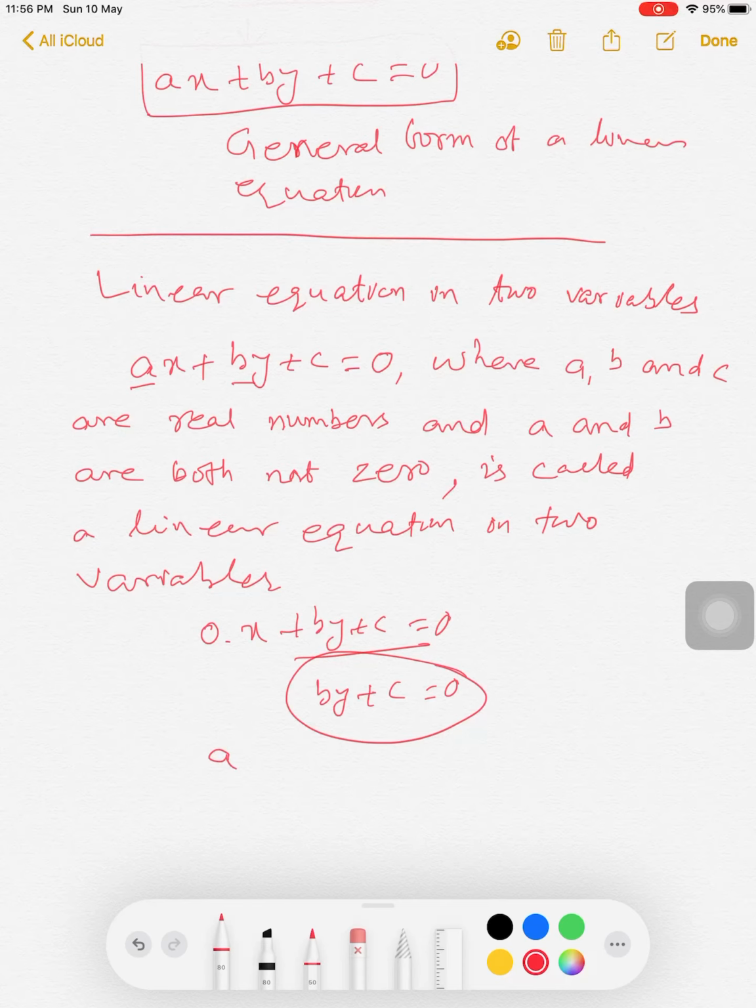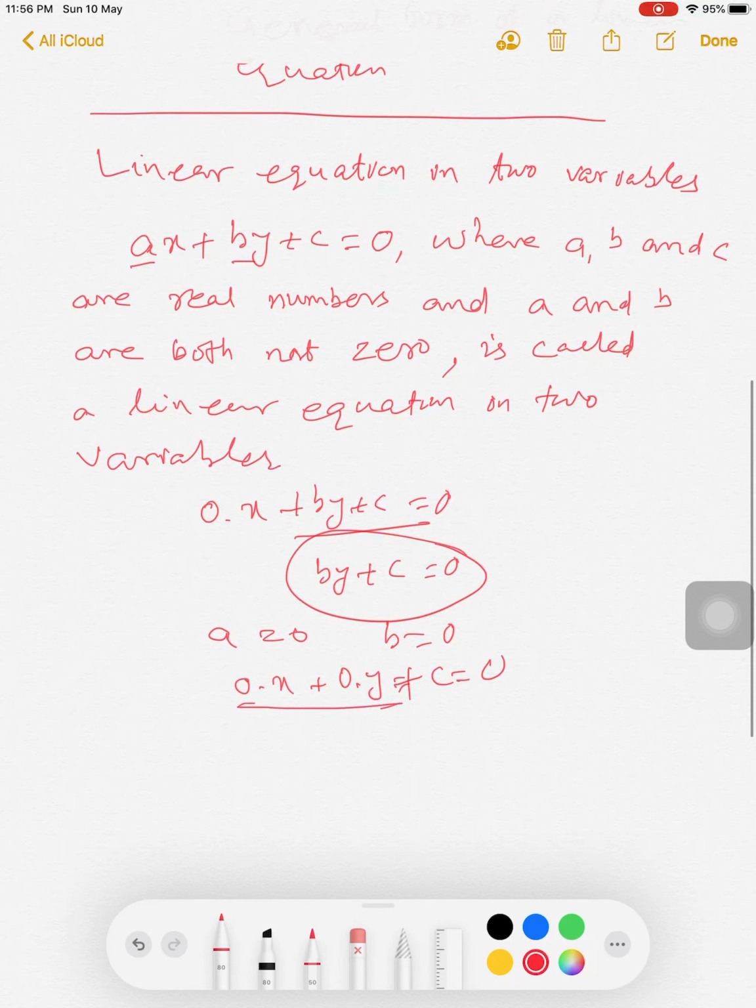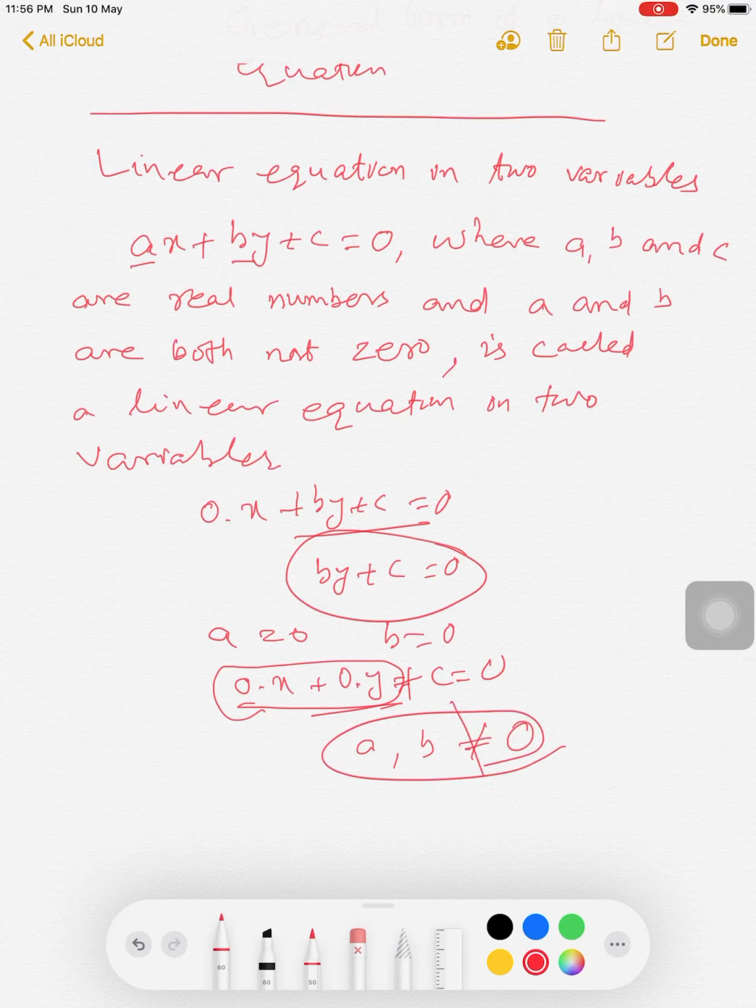Then we have 0x plus 0y plus c equal to 0. You see, this part is now 0. That means only the constant term remains. That's why we cannot take both a and b as 0. So a and b cannot be 0 at the same time. Okay.